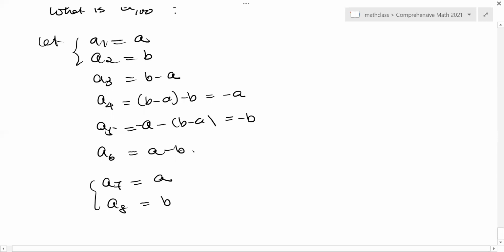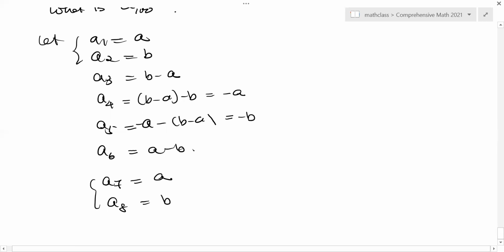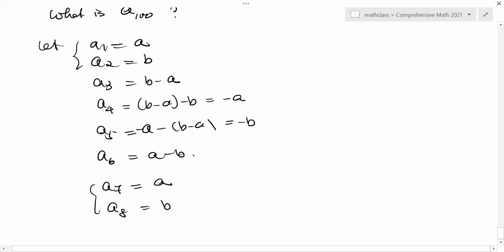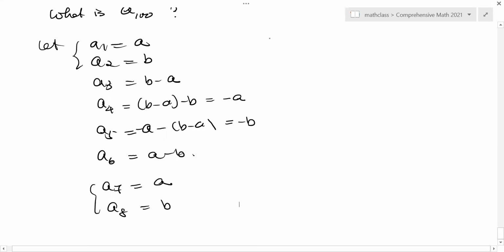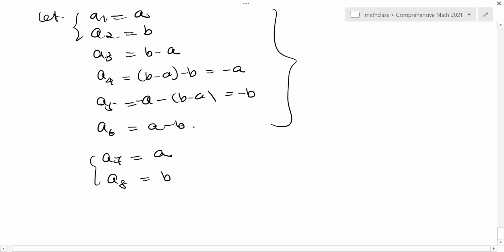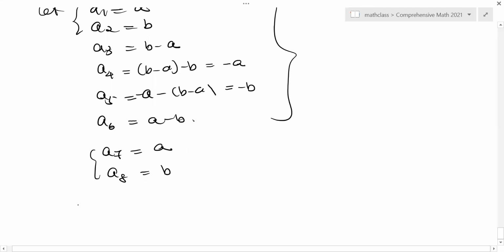So that means from now on, it repeats and you get the same pattern. So this sequence is periodic. The period is 6. If you figure this out, then the rest of the part is easy.